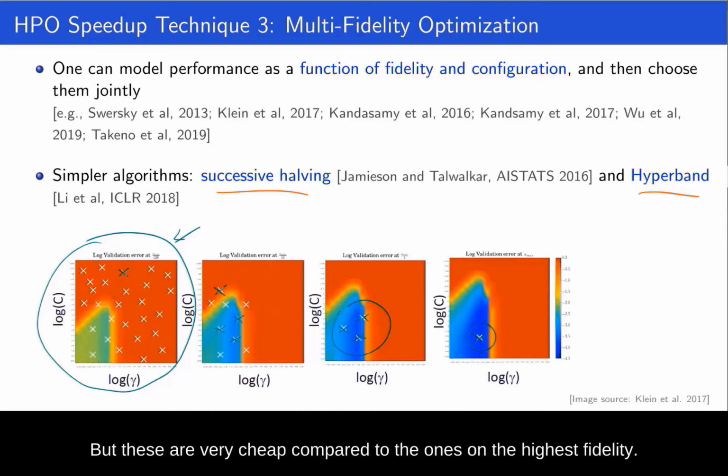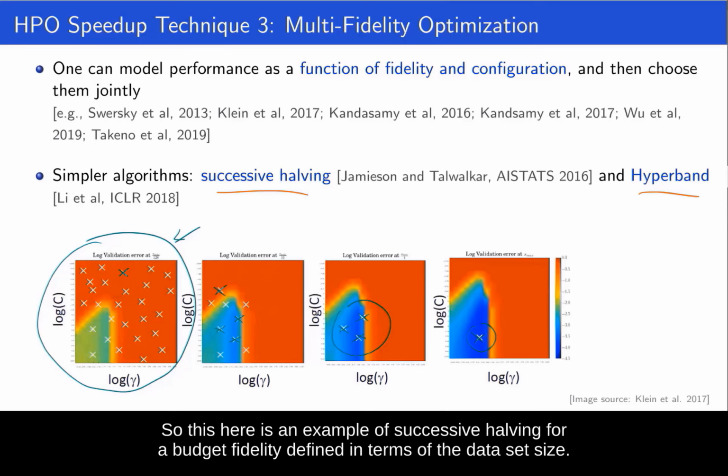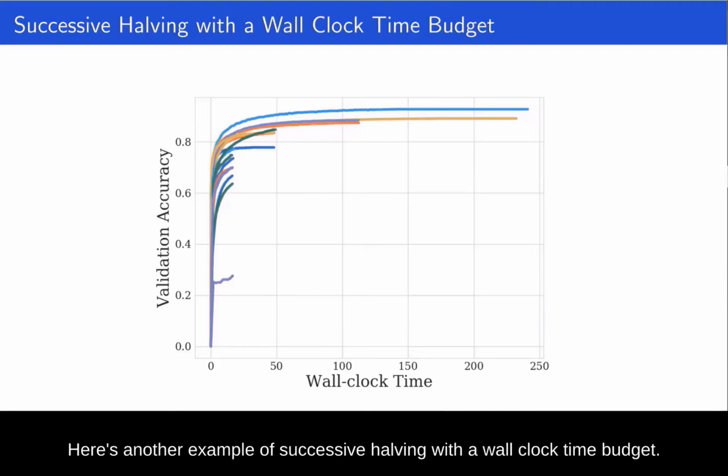But these are very cheap compared to the ones on the highest fidelity. So this is an example of successive halving for a budget, a fidelity defined in terms of the dataset size. Here's another example of successive halving with a wall clock time budget.